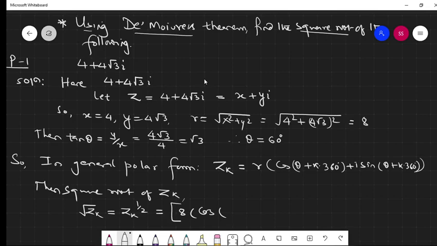If z_k is this, then z to the power 1 by 2 is the whole of this to the power 1 by 2. Now we can apply de Moivre's theorem.